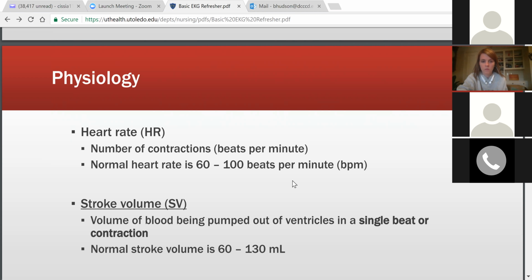Stroke volume has to be measured, but it's the amount of blood being pumped out of the ventricles in one beat. Cardiac output encompasses your stroke volume times your heart rate. If stroke volume or heart rate goes up, then cardiac output goes up. If heart rate or stroke volume goes down, then cardiac output goes down. Normal stroke volume is 60 to 130.